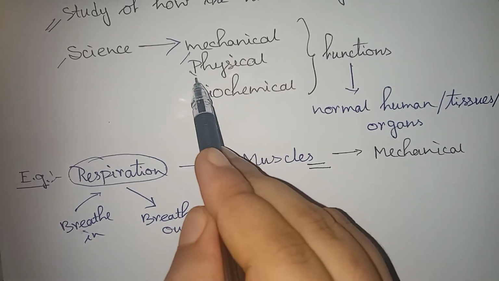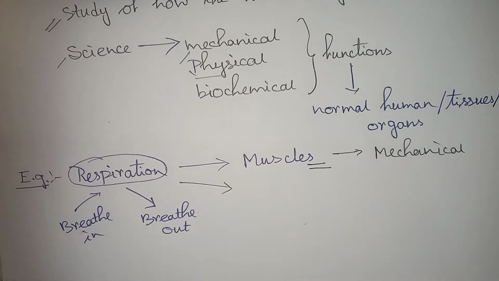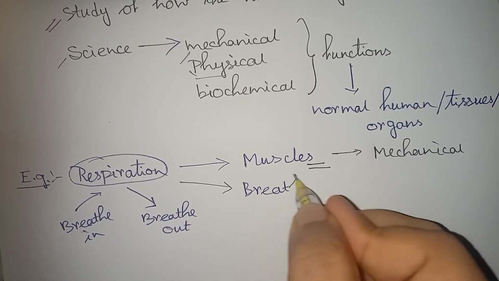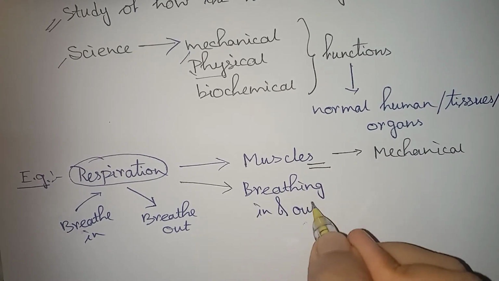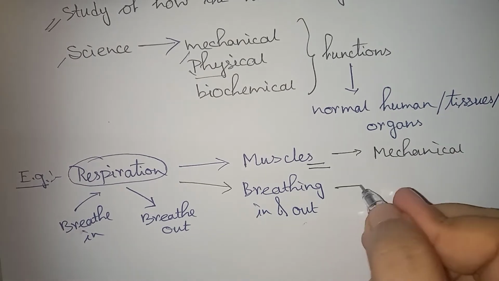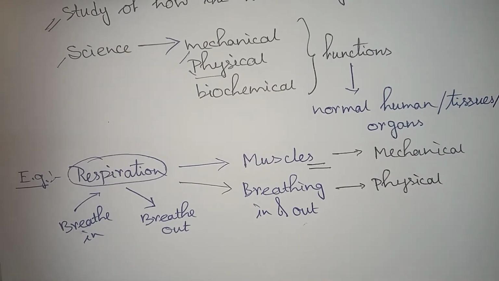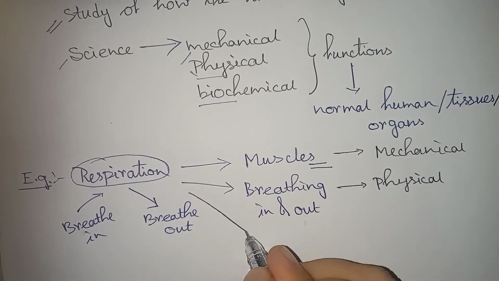Now the next is physical function. What is the physical function in respiration? The physical function is the breathing in and out. The next is the biochemical function. What is the biochemical function in respiration?